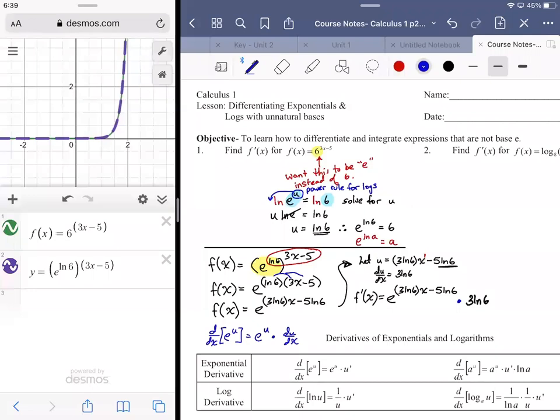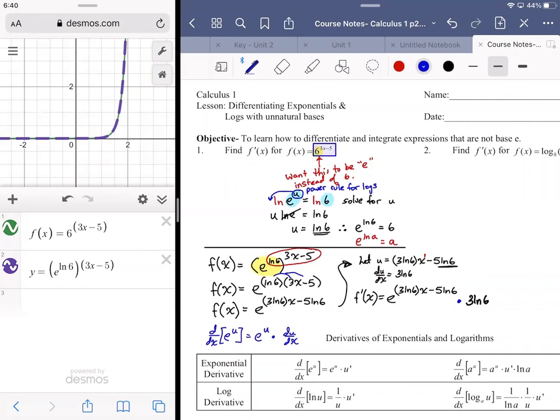because anything that involves an e to the ln of 6 is really something that can be replaced with just a 6, all right? But really, if you think about it, all of this work here was to rewrite this expression.